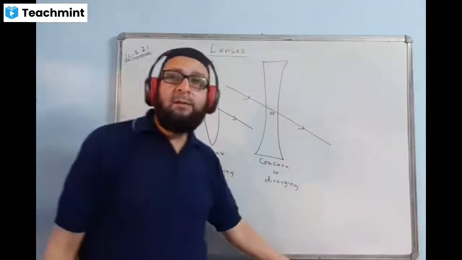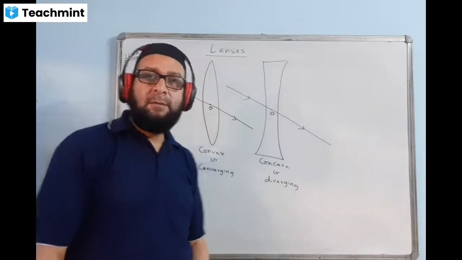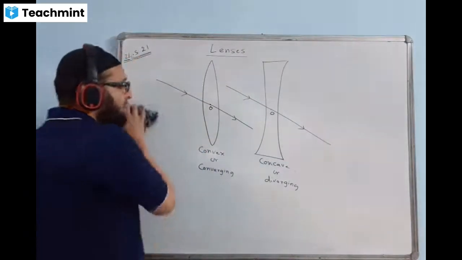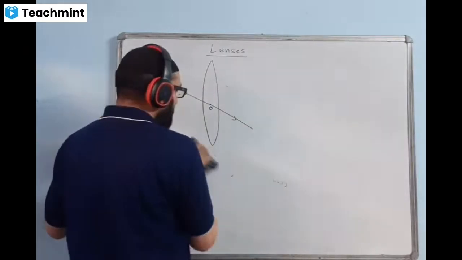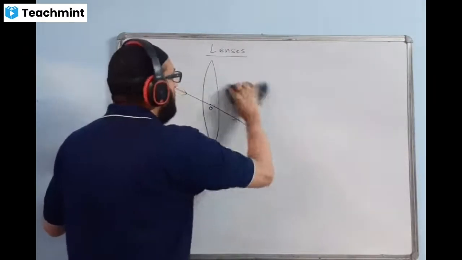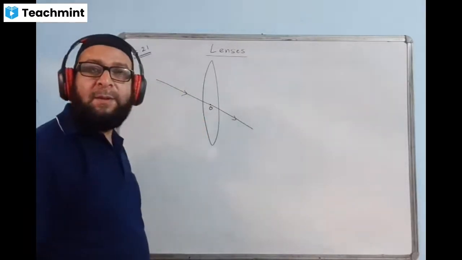But what is the reason why it goes undeviated? Do you know the reason? One of you can share with me. Do you think this ray is perpendicular? It is not perpendicular.